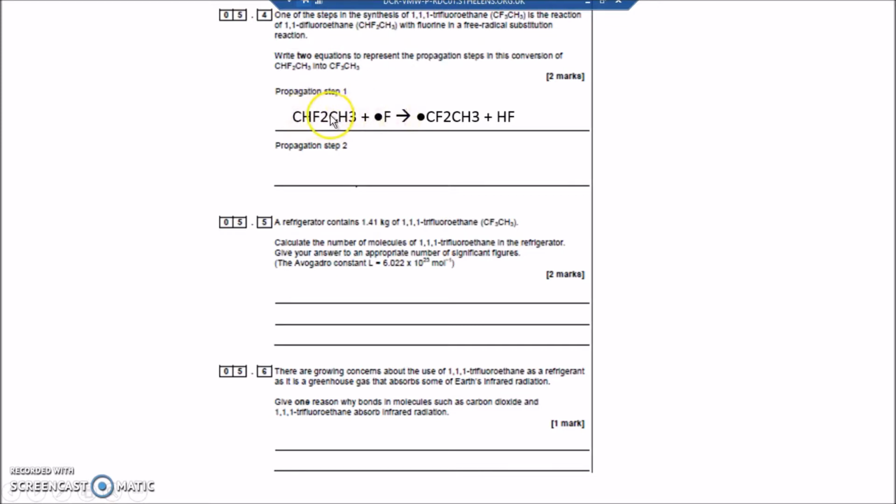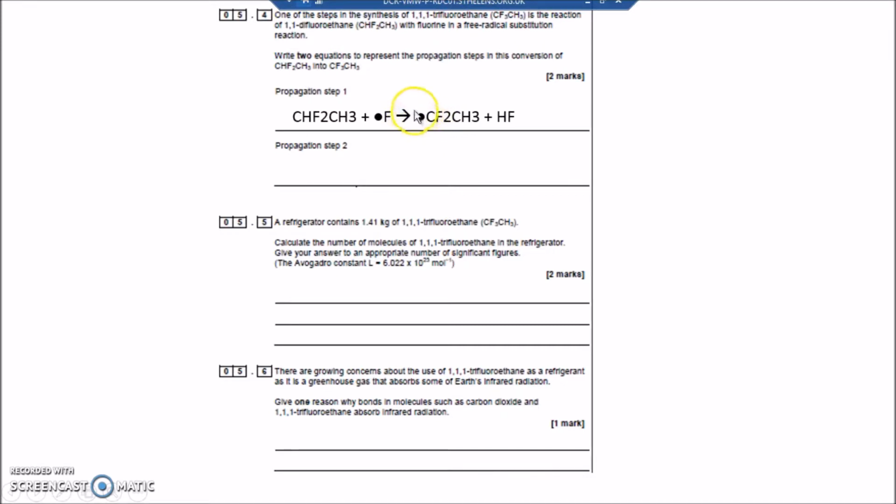Well, I've got two carbons, and I've got two Fs, and I've lost one of the H's. Now, where does the H get lost from? That's the question. Does the H get lost from here, or does the H get lost from one of these three? So what's eventually going to happen is, where the H gets lost from, that's lost a bond. And if it's lost a bond, the bond is broken.